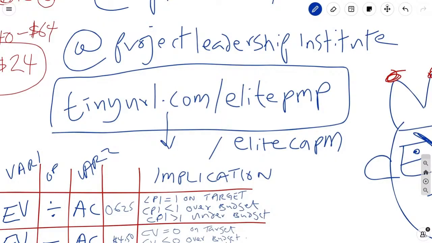How you would do this, where you would start from, is you need to have the information available. You need to have the scope of work clearly broken down into a WBS. If you don't have a WBS, you're not going to have very good earned value calculations done. There has to be a breakdown by deliverable.